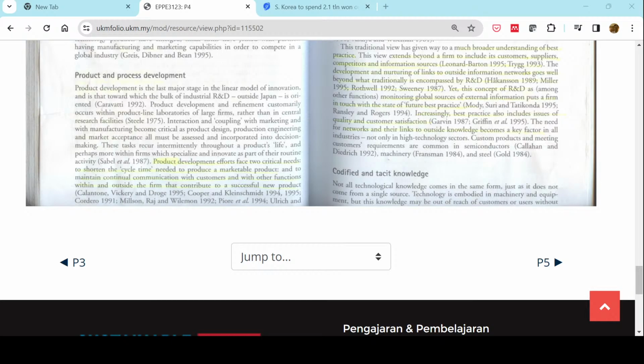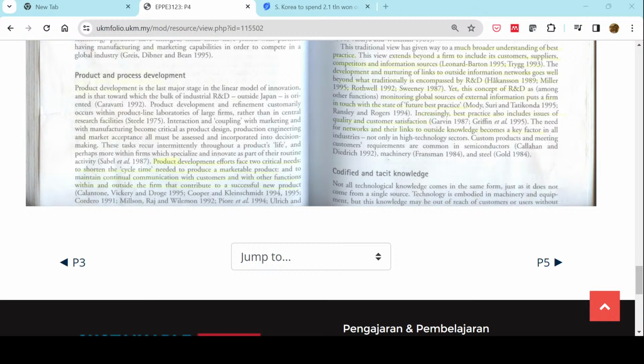The knowledge becomes widespread, and codified knowledge usually is like a manual. When you buy a TV, there's a manual on how to use the TV. It's like a manual.